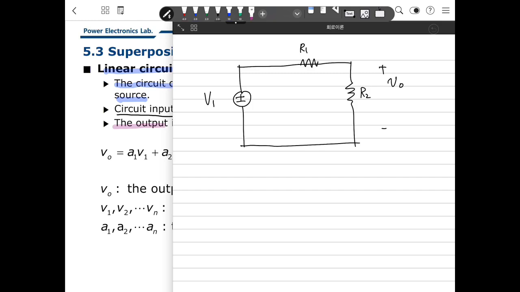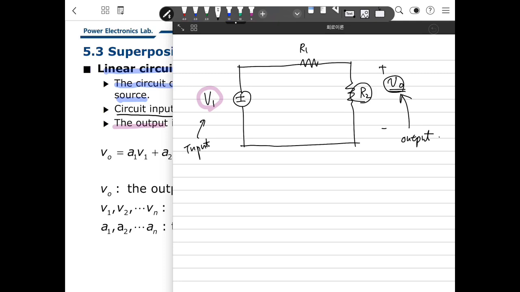If you define that as the input, and we define the voltage across the R2 as V out, we define that as the output.